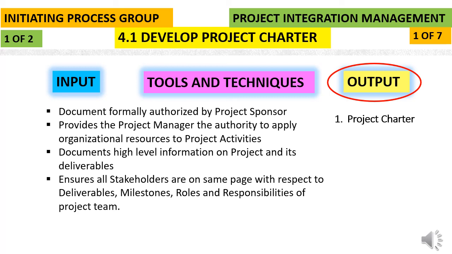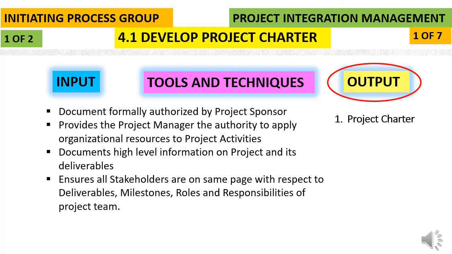And it also talks about overall project risk at a top level, the major milestones, a summary of the milestones, and the approved financial resources by the organization. It also lists the key stakeholders, and project approval requirements, that means what will be the project success, who decides the project is successful, and who will sign off the project.